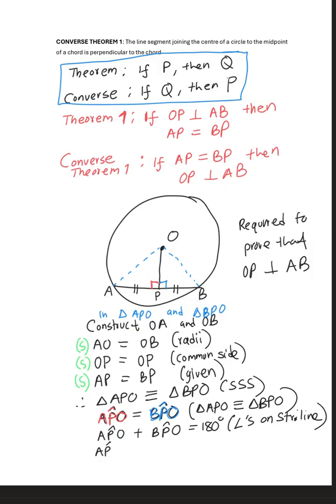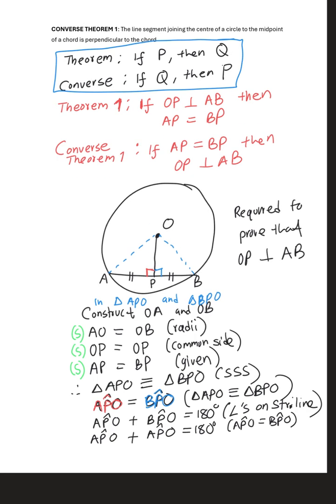So we have angle APO plus angle APO equals 180, reason: APO is equal to BPO. APO plus APO are like terms, so we get 2APO equals 180. We divide both sides by 2, and angle APO is equal to 180 divided by 2, which is 90.